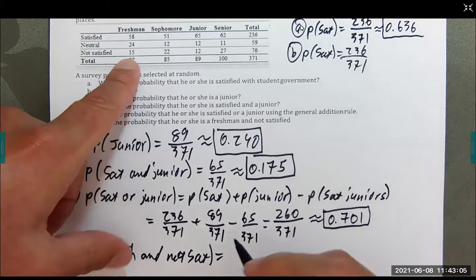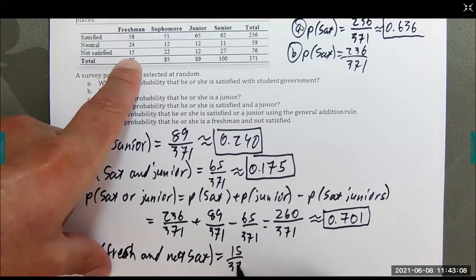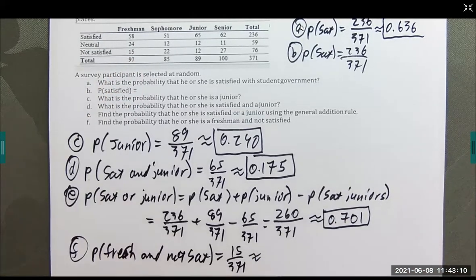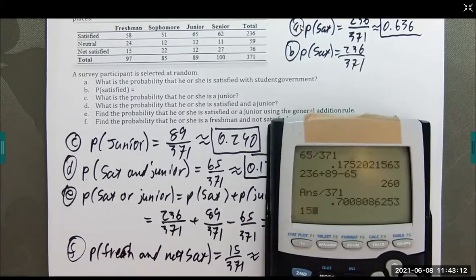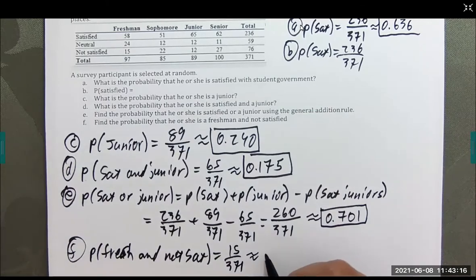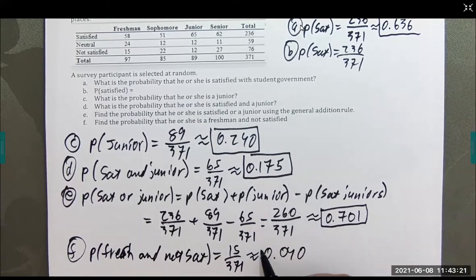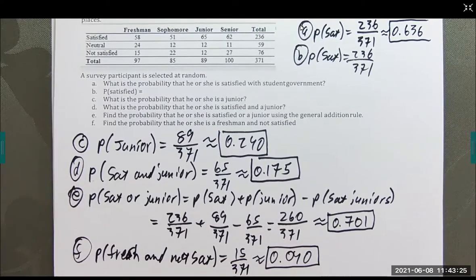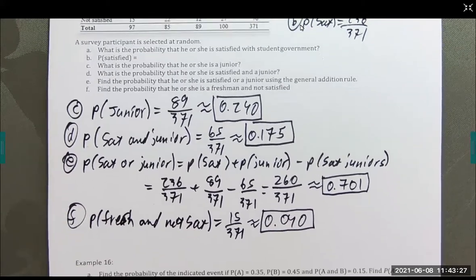That's 15 out of 371. Pretty low, only about 4% are not happy with the student government.